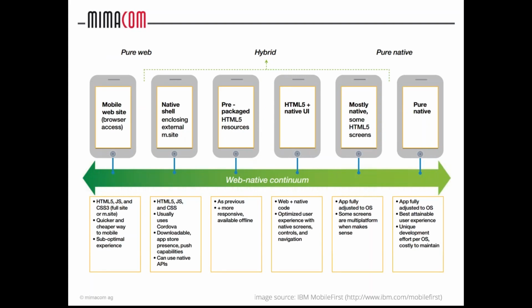So, what is a hybrid application? This slide shows that it's not just one way to build an application. The hybrid application starts, on the screen on the left, from just packing the mobile version of some web application into a web browser.